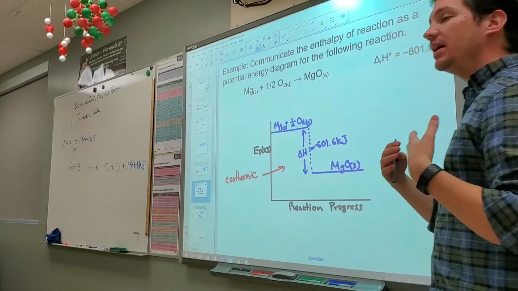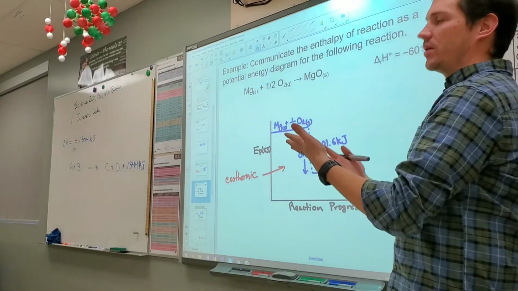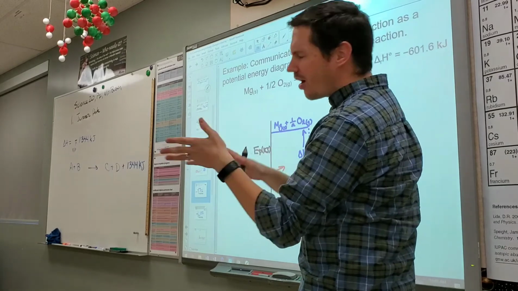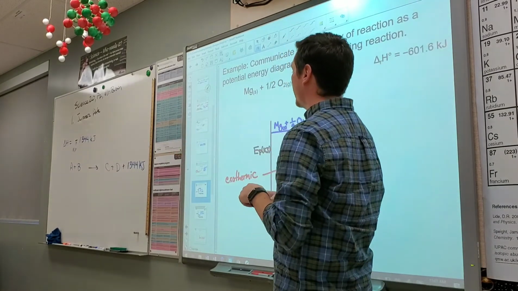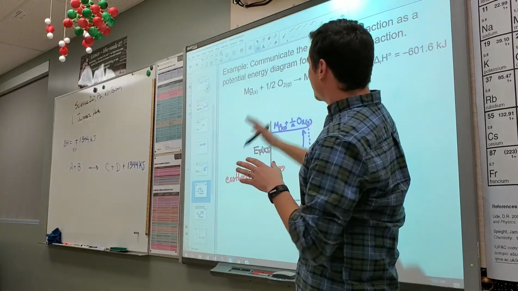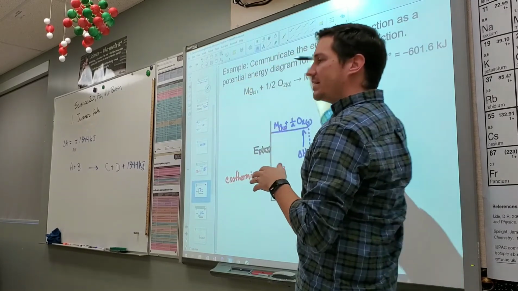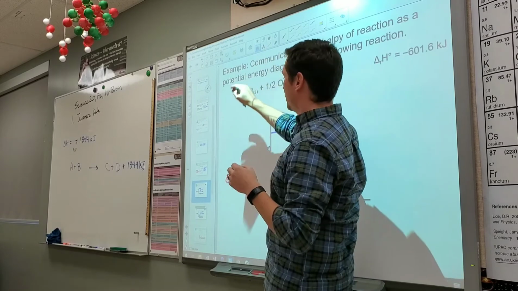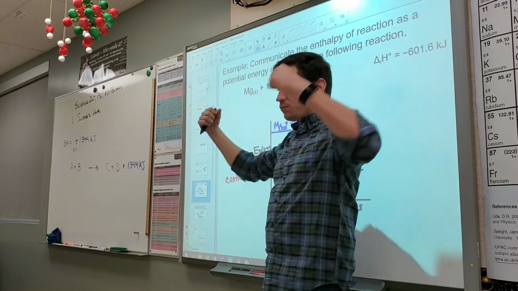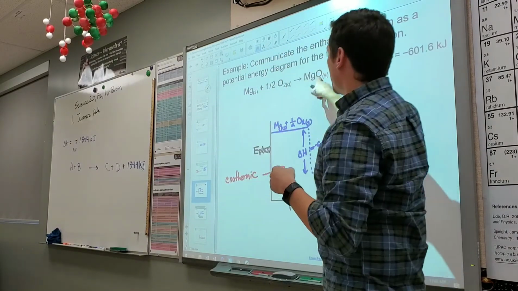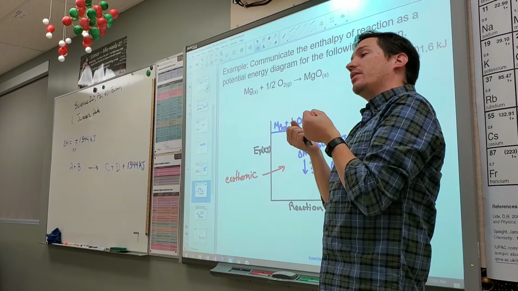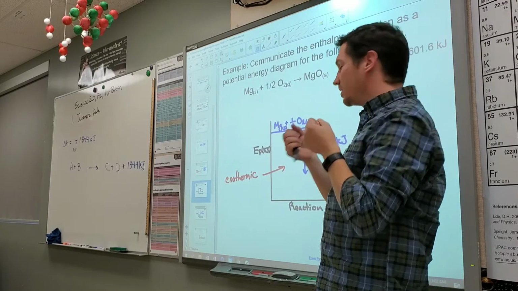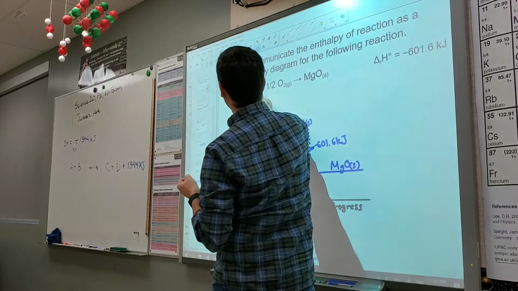There's almost like a force that's drawing them together. Not really, but you can kind of think of it that way. So, which side of my system has more stored potential energy? The ones where they really want to go together, or the ones where they're happy hanging out together now that they're together? This side has way more.